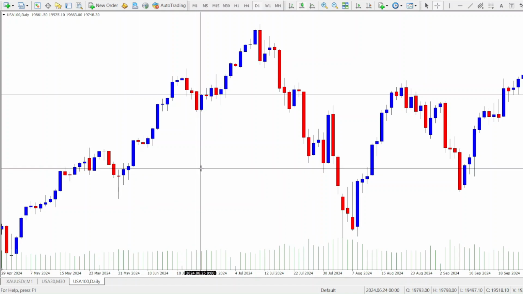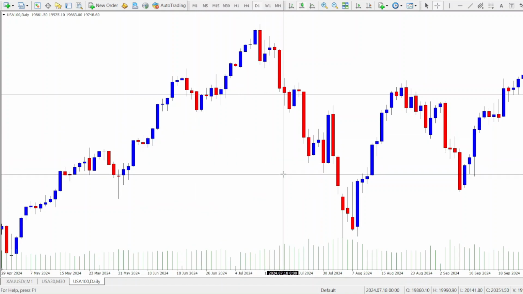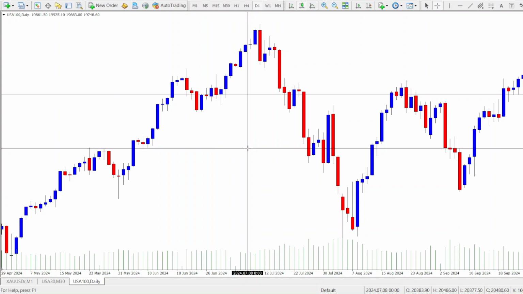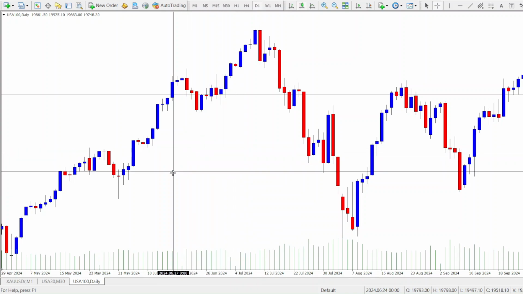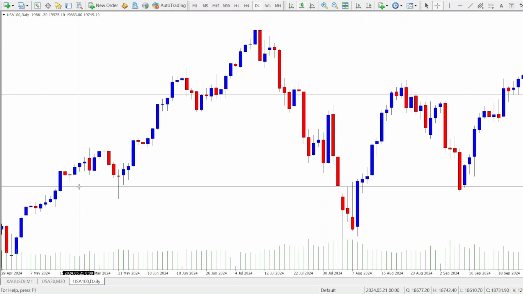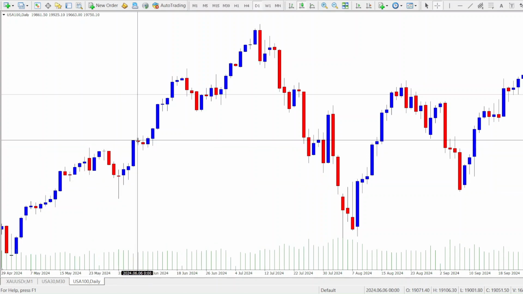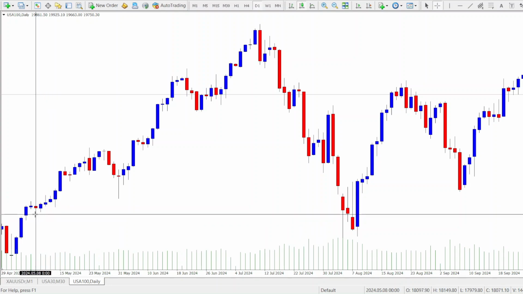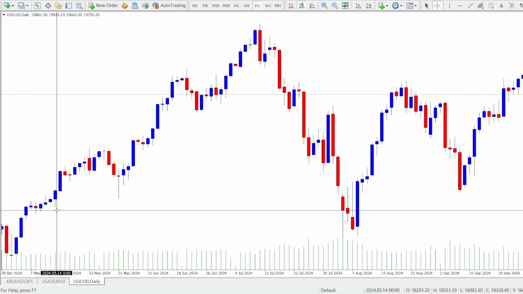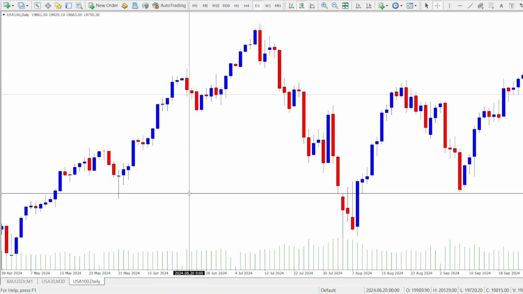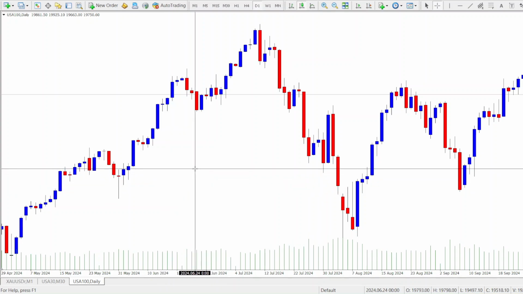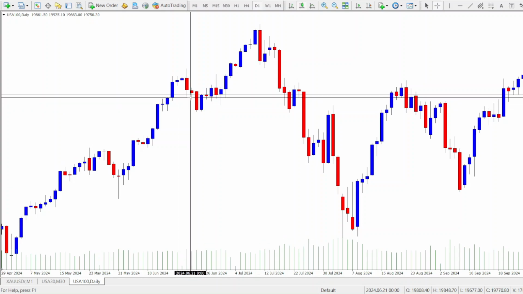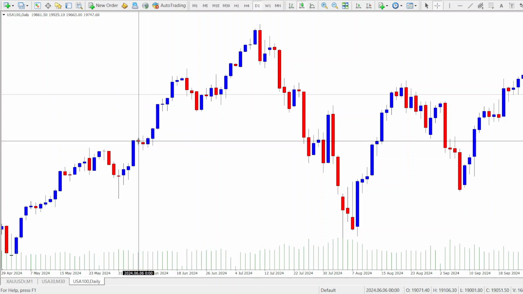Now we have different types of doji. We have the standard doji, which we can see around here. This is a standard doji. This is another standard doji. The standard doji is usually represented by a candle that has the body in between.